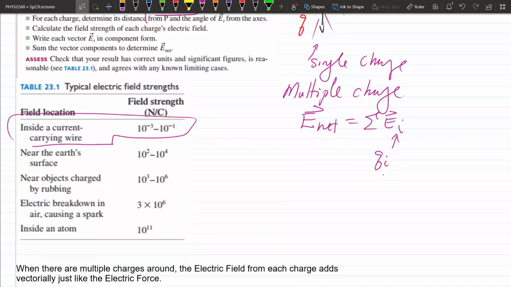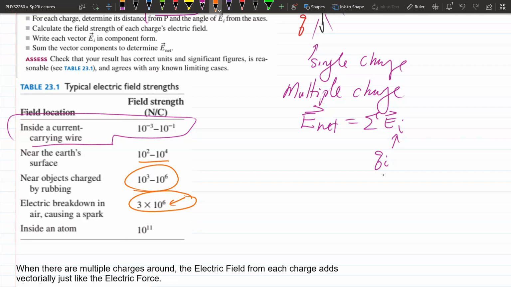The electric field near the surface of the Earth, just because we're on the surface of the Earth, is on the order of 100 to 10,000 newtons per coulomb. Around these little glass tubes, you're going to have electric field on the order of 1,000 to 1,000,000. If you see an arc, like when anyone plugs in their laptop charger and there's a spark, those are electrical sparks, basically lightning, and they're going to be millions of newtons per coulomb.